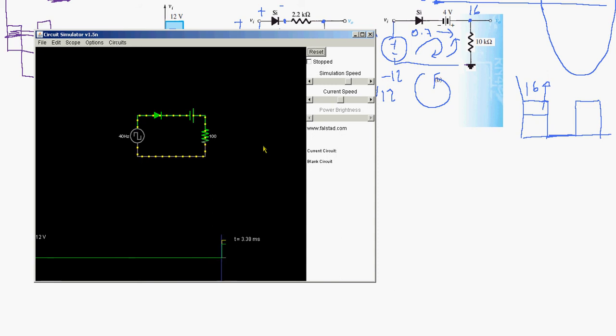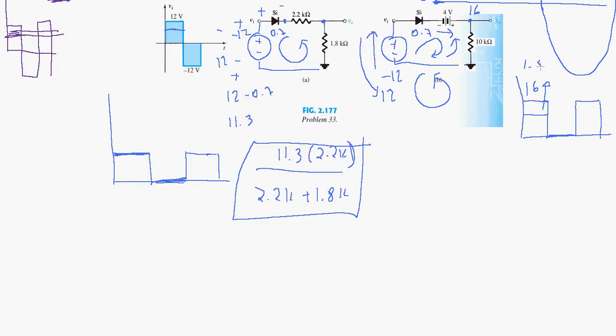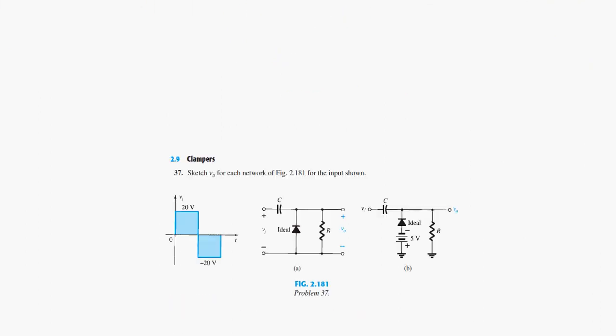If you look here, this is the input voltage, and if we look at the resistor here, we have the same thing, but we clipped the bottom off and added some voltage, almost 4 volts, except we have the 0.7 drop across the diode, so it should be 15.3 and so on. Okay, so that's that circuit, and now we look at clampers.